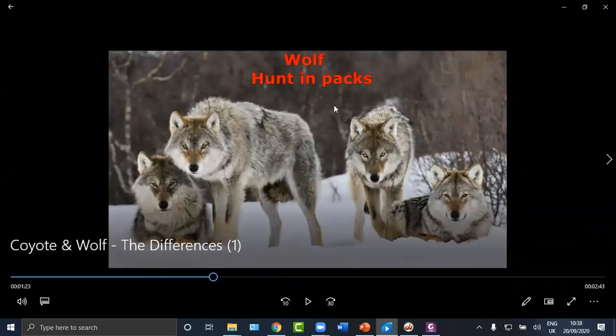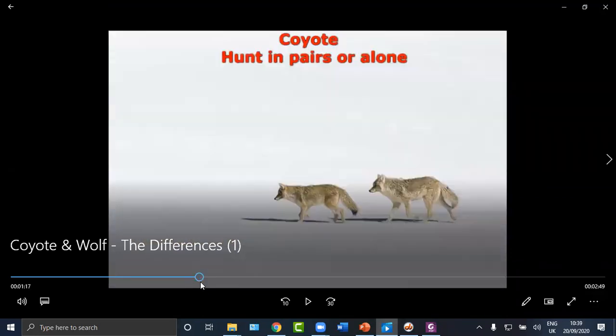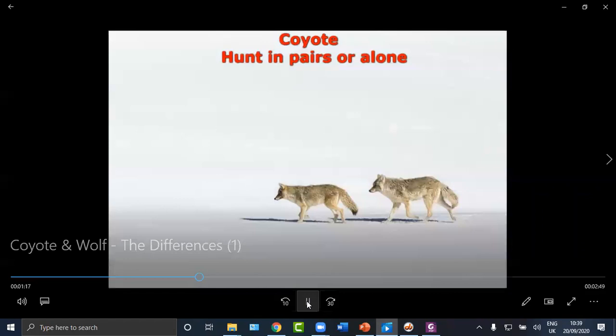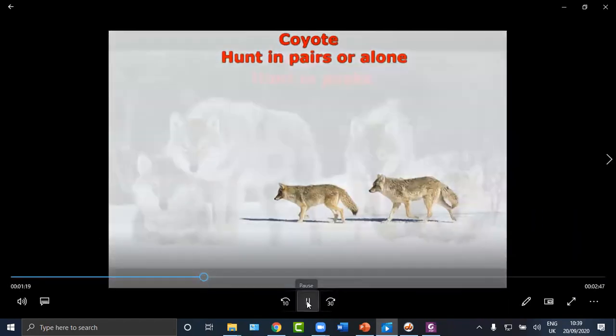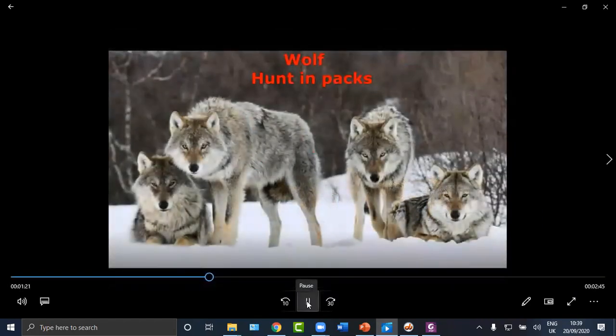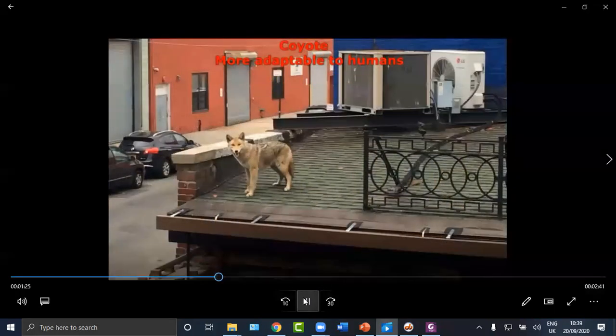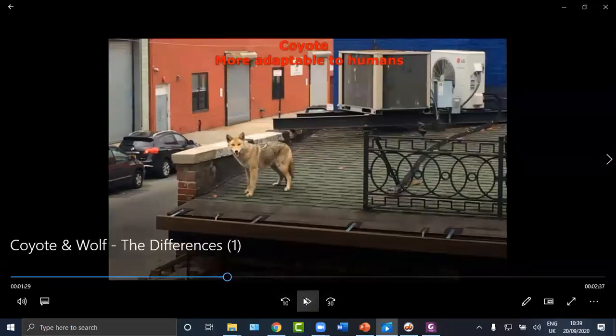Wolves hunt in packs, in groups. Coyotes hunt in pairs or alone. Other difference: coyotes are more adaptable to humans. We can see it in our city.